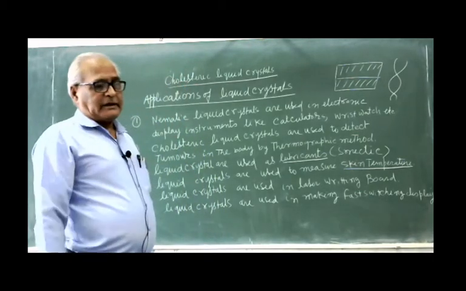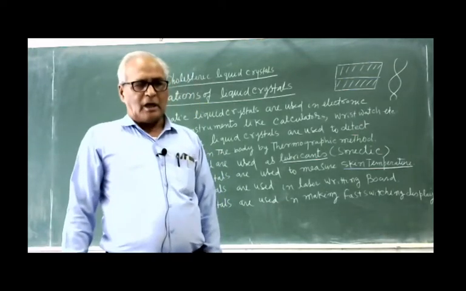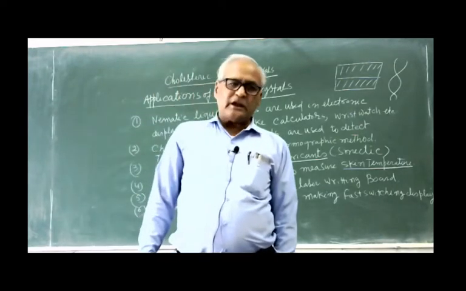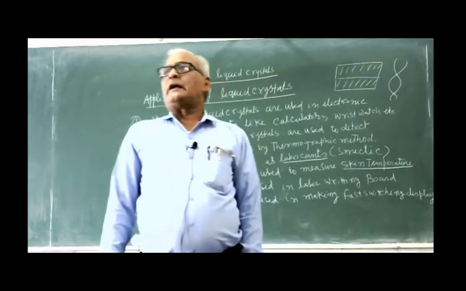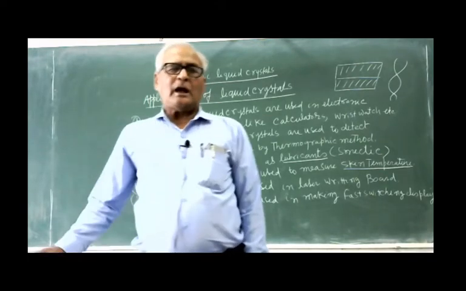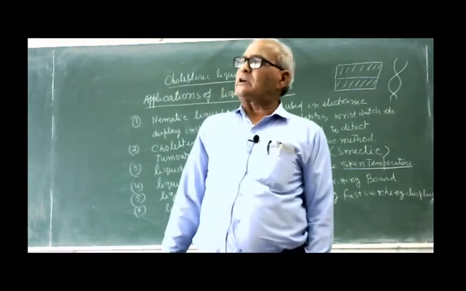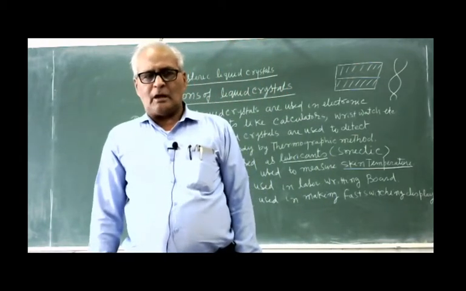And third is the cholesteric, means color imparting liquid crystal, that is a nematic liquid crystal having smectic behavior, and the combination of a smectic and nematic gives you another type of the liquid crystal.